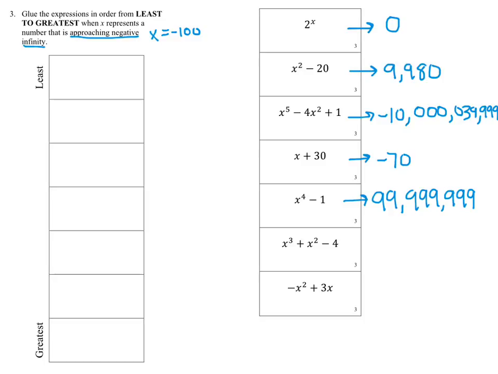For x cubed plus x squared minus 4, it gives me 990,004, and that's a negative. And on negative x squared plus 3x, it gives me negative 10,300. When I put them in order from smallest to biggest, this is what I get.